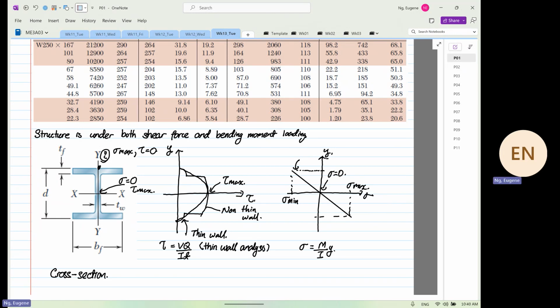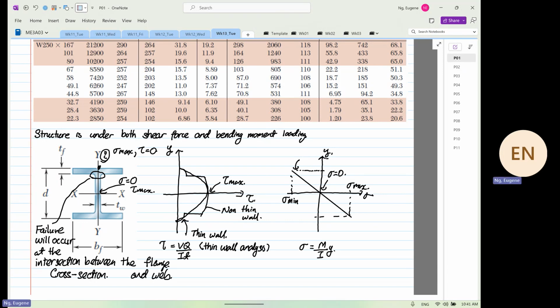So where it will fail here. So failure will occur at the intersection between the flange and where?